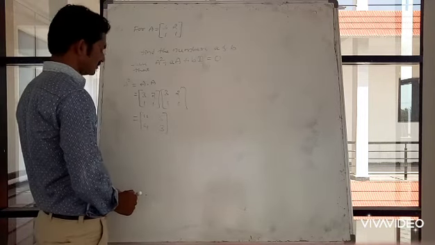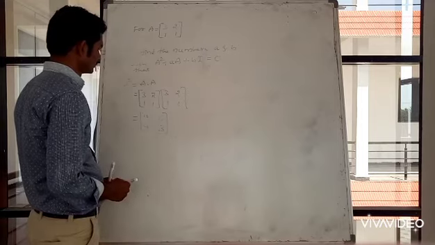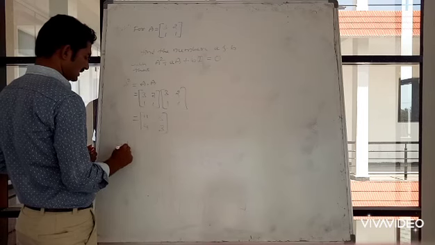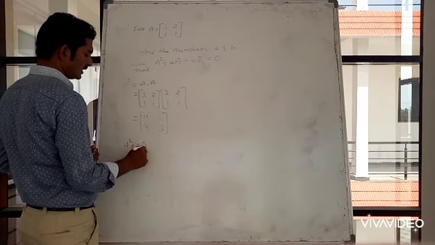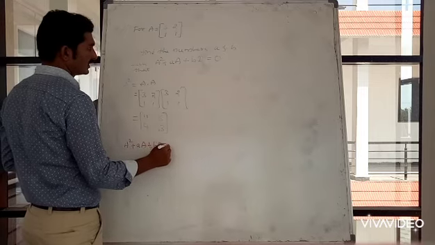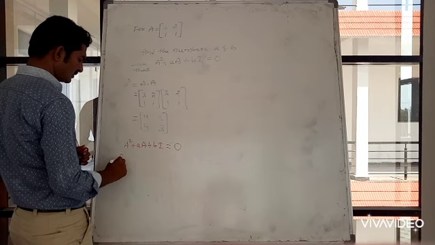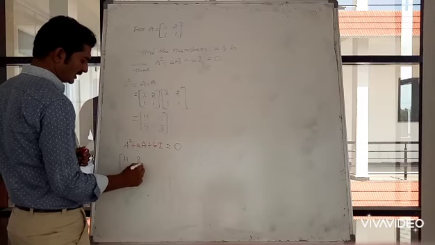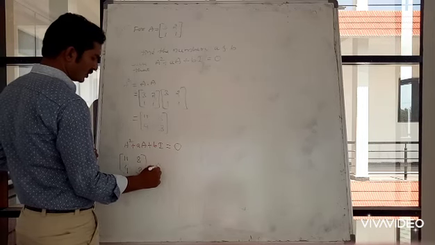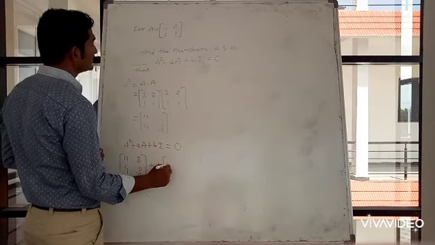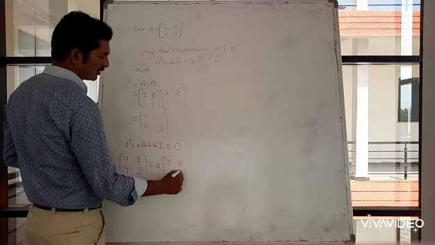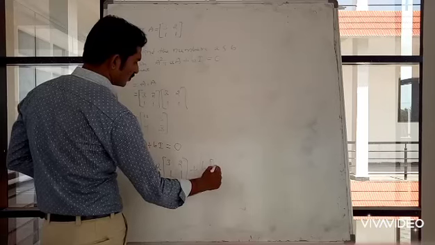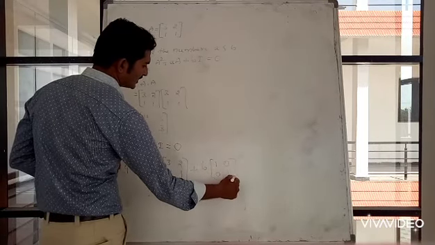Okay, next. This is A square. Substitute, consider A square plus a into A plus b into I is equal to O. A square is 11, 8, 4, 3 plus small a times 3, 2, 1, 1, plus b times I, which is 1, 0, 0, 1, the identity matrix.